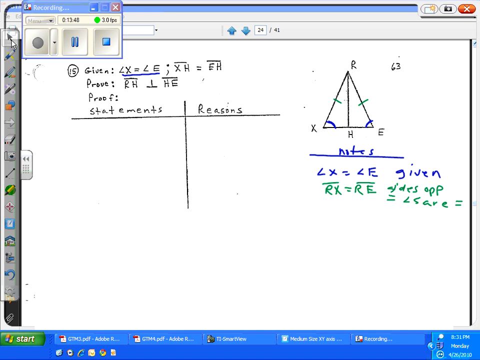And I could go even further than that, and I could say this is an isosceles triangle.